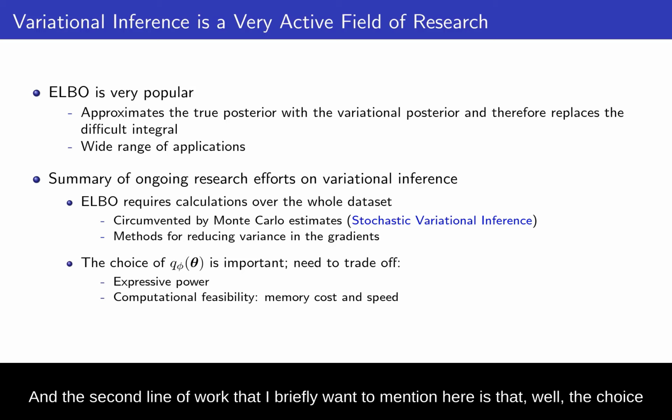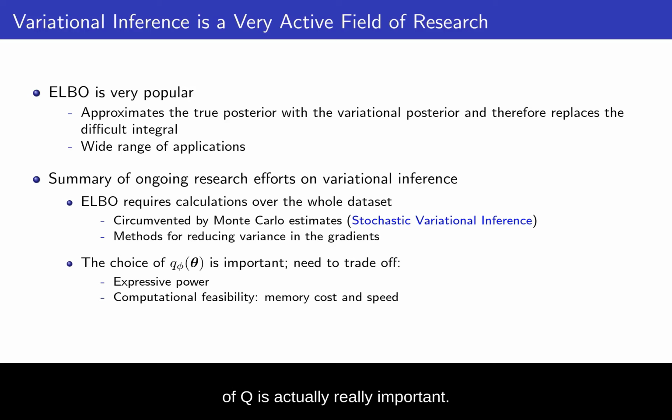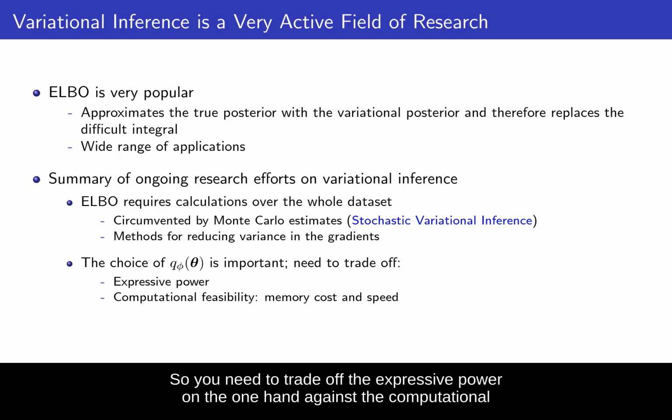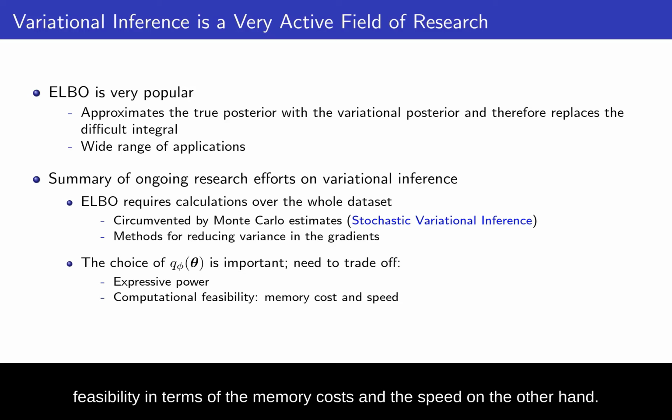The second line of work that I briefly want to mention here is that the choice of Q is actually really important. You need to trade off the expressive power on the one hand against the computational feasibility in terms of the memory costs and the speed on the other hand.